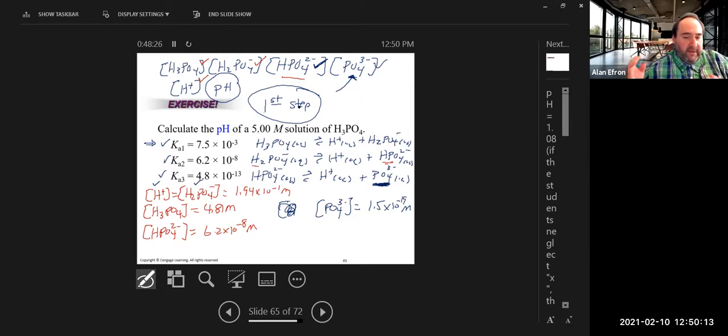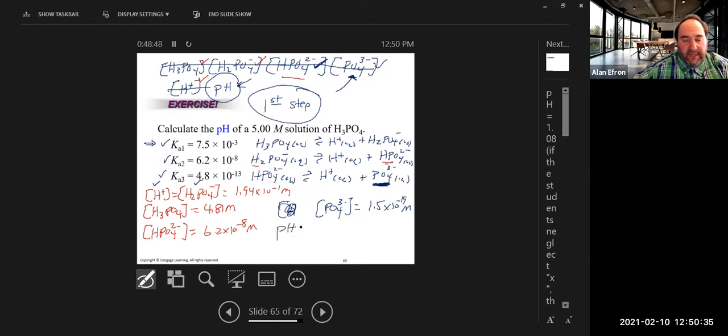So the majority comes off in that first step, which means if you were asked a question where you weren't interested in all this and you were just interested in the pH, it would probably be pretty safe to just do the first step, get the H plus concentration and calculate the pH, which we should do as well.